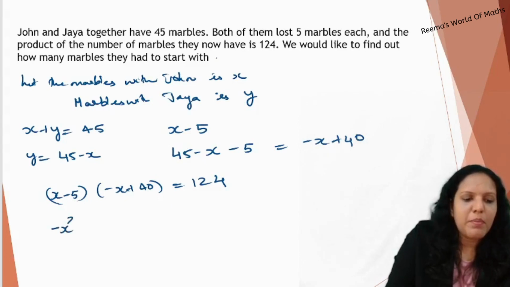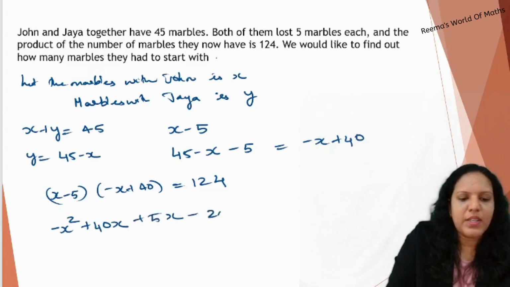Let us simplify this. x minus 5 multiplied by minus x plus 40 is minus x squared plus 40x plus 5x minus 200 equals 124.